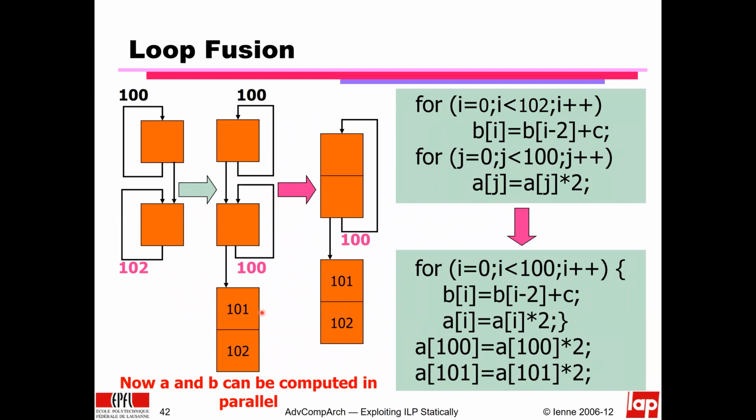You may have different loops that have different numbers of iterations, but if you do this peeling off some of the iterations from one of the two loops, they become compatible, so to speak, in terms of iterations, and they can be brought together.